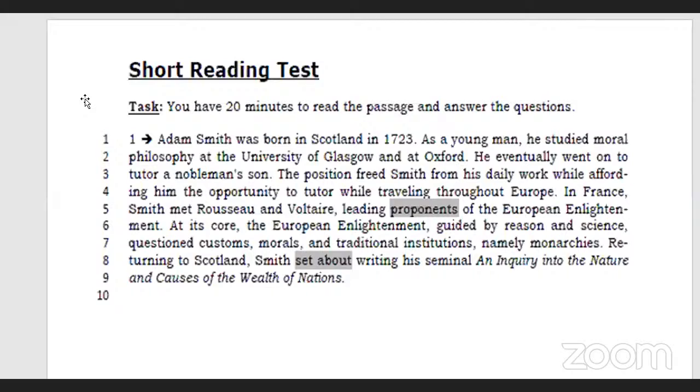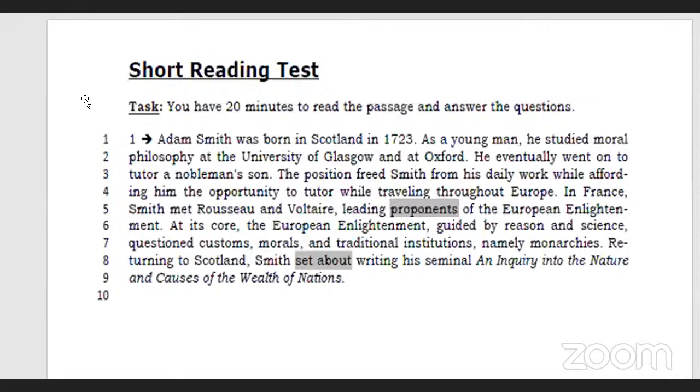Adam Smith was born in Scotland in 1723. As a young man, he studied moral philosophy at the University of Glasgow and at Oxford. He eventually went on to tutor a nobleman's son. The position freed Smith from his daily work while affording him the opportunity to tutor while traveling throughout Europe.